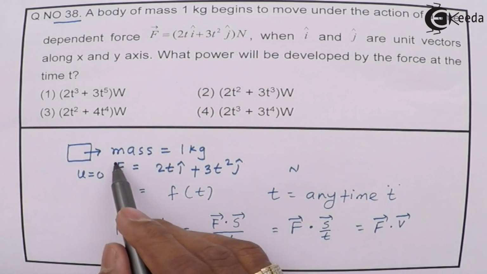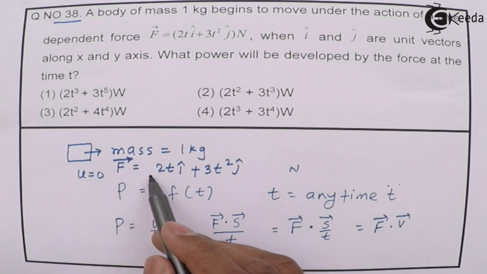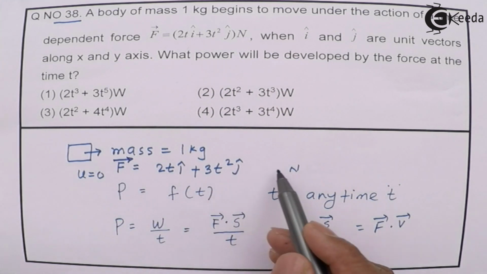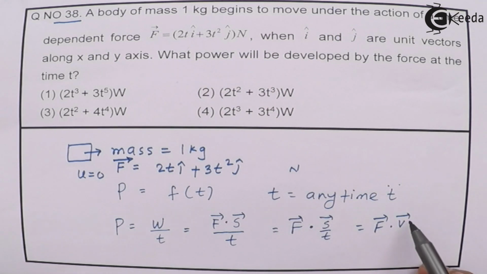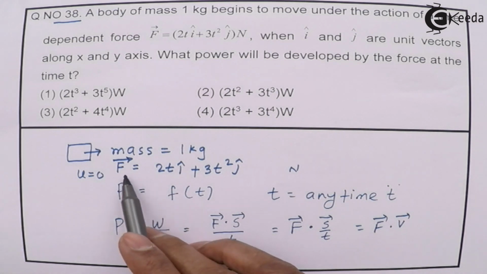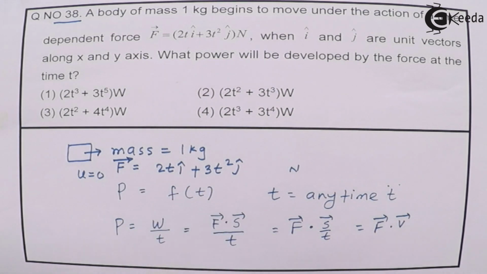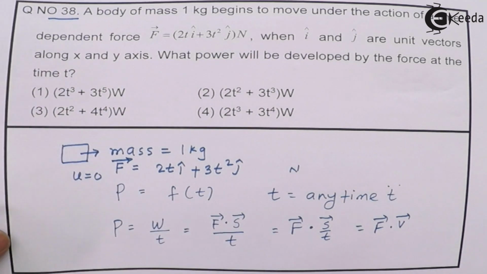I have the force vector, which is given by this equation in SI system. I want the velocity vector, and then I'll find the dot product. The velocity vector can be obtained from the force equation as follows. You will take the force equation. Just let me write down the force equation.